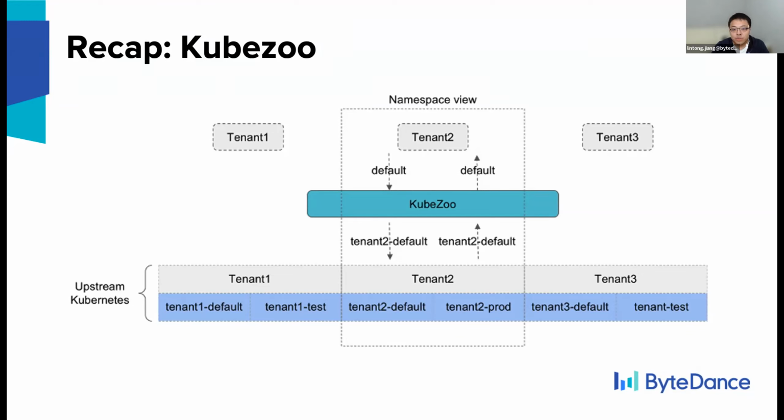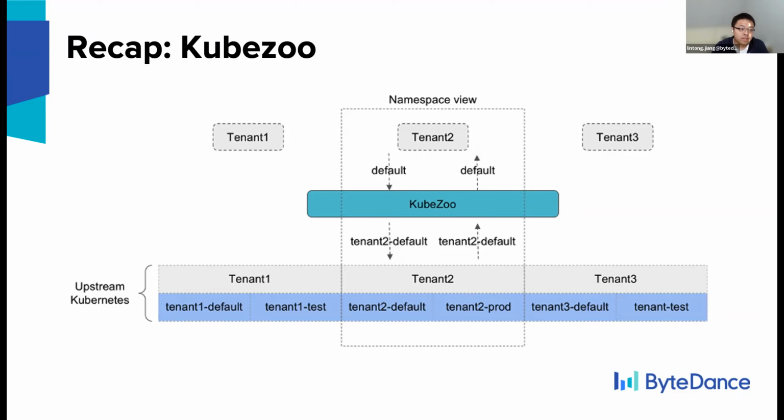Simply speaking, Kubezoo runs its own API server along with a distributed key value store as its metadata storage, which serves the API requests from inside all tenants. Meanwhile, it also serves as an API gateway with protocol conversion, which submits API requests with proper conversion to the backend API server.